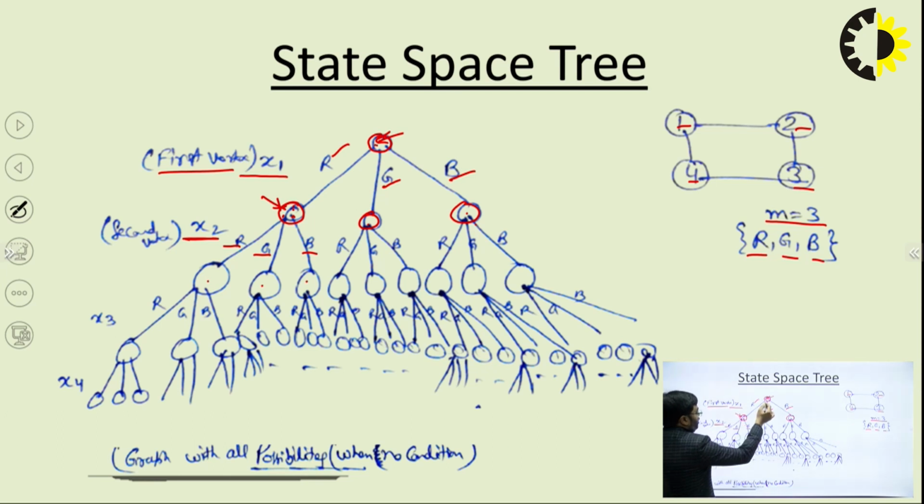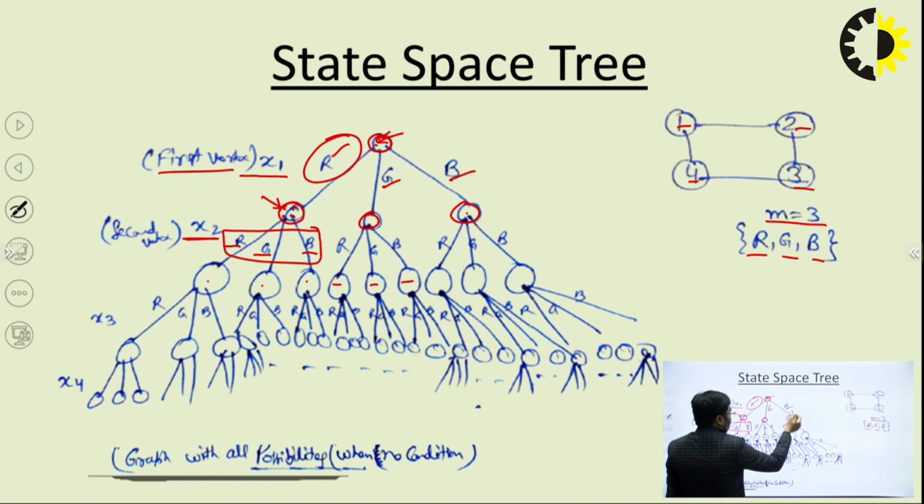It means when we choose red for vertex 1 and after that choose a color for vertex 2, this is the first decision we have taken, and after that we have to take one of these decisions. Similarly, if we choose green for vertex 1, then for vertex 2 we have 3 options again, and if we choose blue for vertex 1, then we again have 3 options for vertex 2.